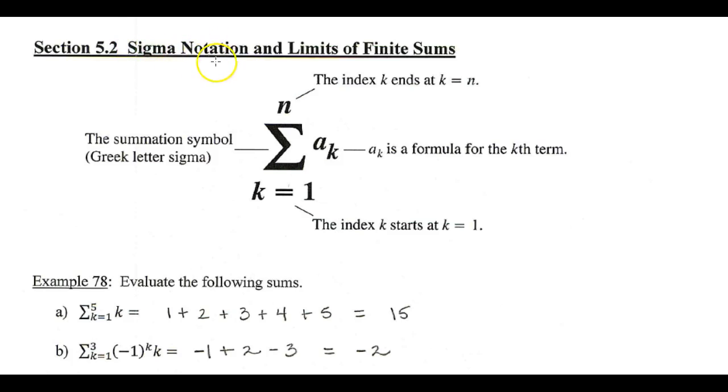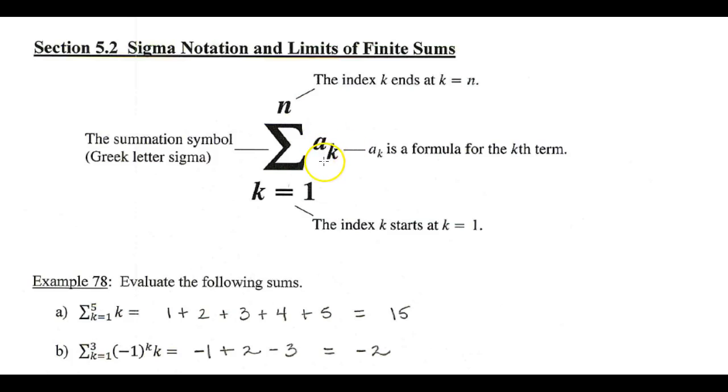So this is a little bit of a diversion into what's called sigma notation. When you see something like this, eventually I need you to be able to recognize what this means. This capital Greek letter S, called sigma, that's why we call this sigma notation. And then a sub k here is just a general representation of some formula for the kth term.